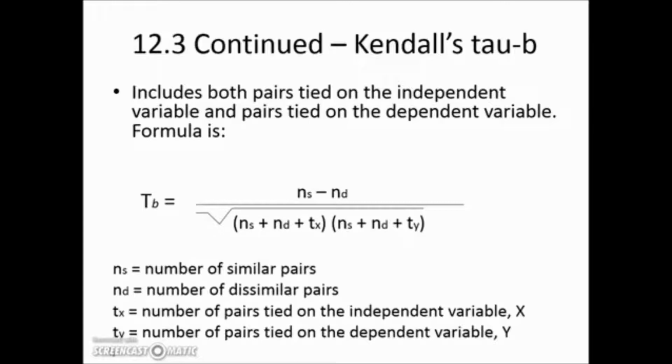The formula for computing Kendall's tau B is as follows: Tb equals ns minus nd divided by the square root of bracket ns plus nd plus tx multiplied by bracket ns plus nd plus ty, where ns equals the number of similar pairs, nd equals the number of dissimilar pairs, tx equals the number of pairs tied on the independent variable x, and ty equals the number of pairs tied on the dependent variable y. Kendall's tau B ranges from -1 to +1 and does not have a PRE interpretation.